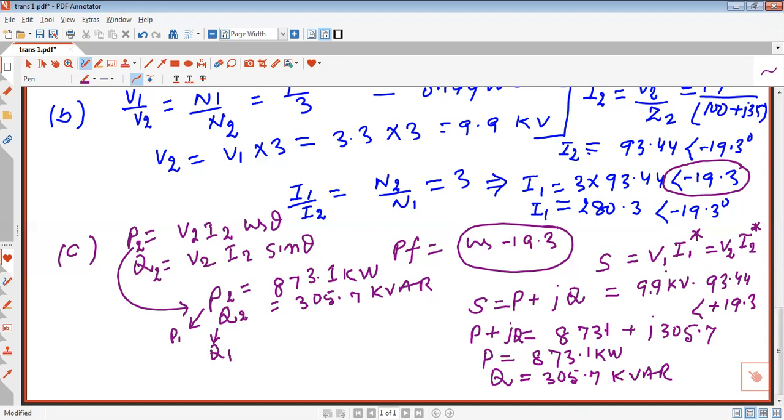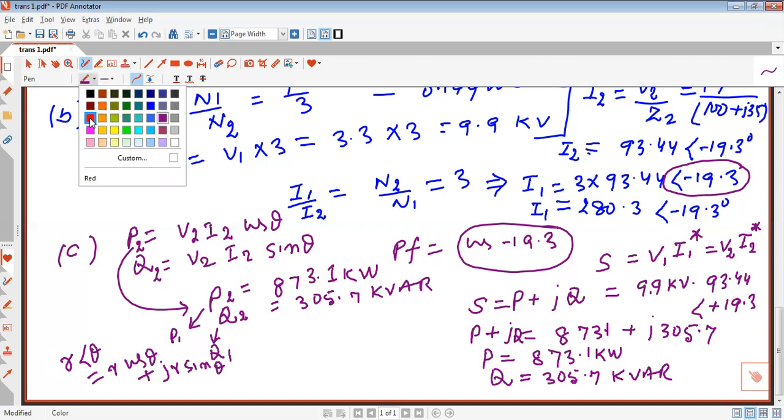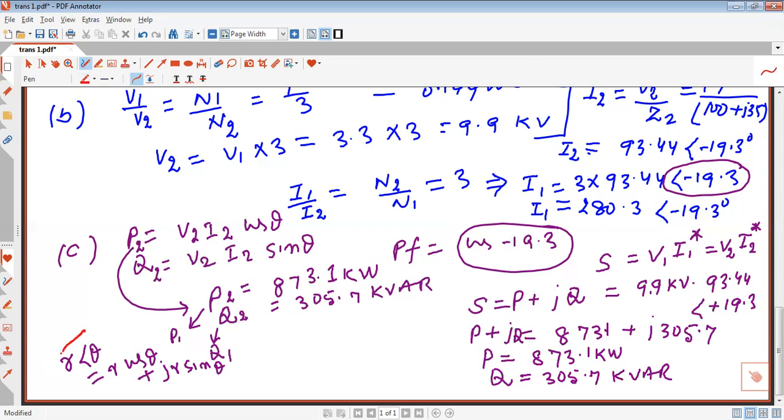This is a magnitude value, and for solving this I will show you how we will solve. Suppose I have R angle theta, so its value will be R cos theta plus J R sin theta. This is the relation that I have used here.